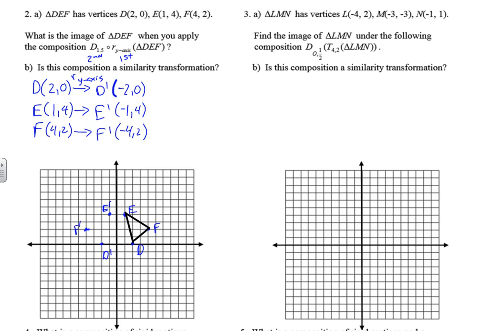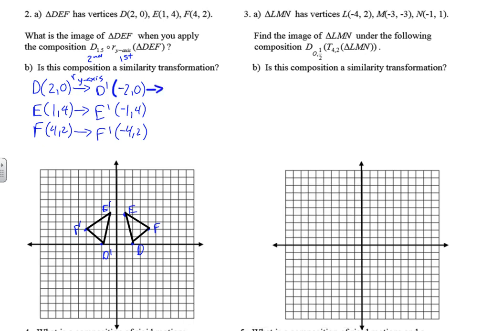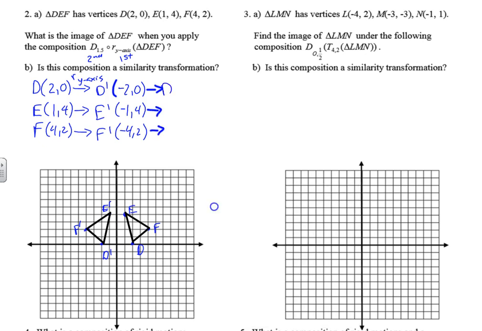And then we have a dilation. That's the next one. So now we need to do a dilation. D double prime, E double prime, F double prime. When they write it with just D and 1.5, we're assuming that the center of dilation is the origin.